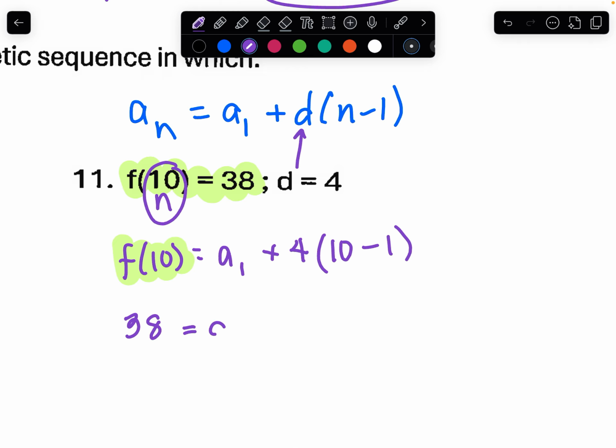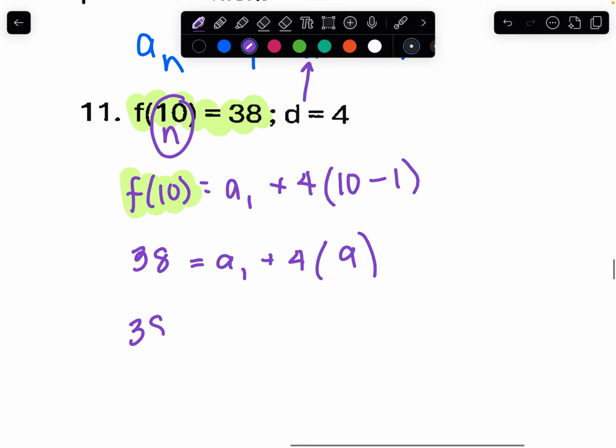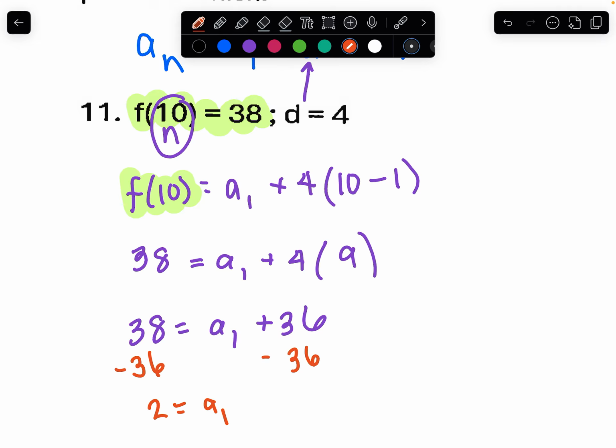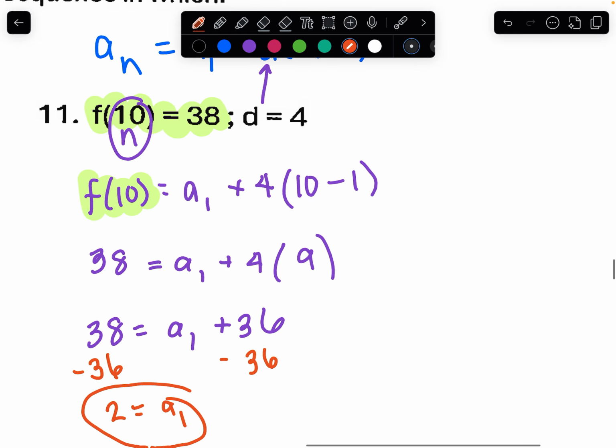So 38 equals a sub 1 plus 4 times 9. Well, 4 times 9 is 36. And so what I'm doing is solving for a sub 1. I see that my first term in my sequence is 2. Well, that's not done.